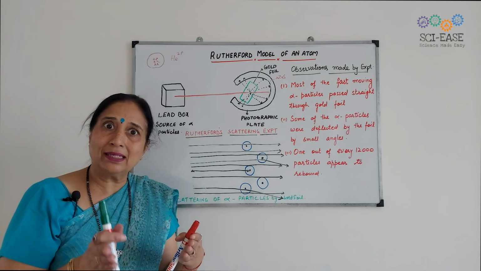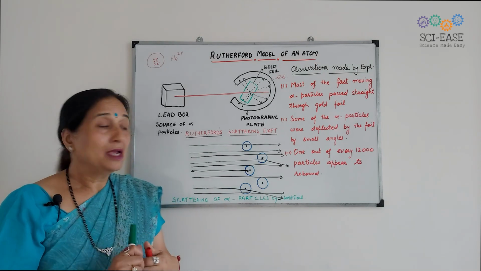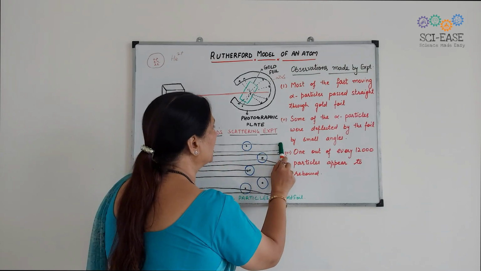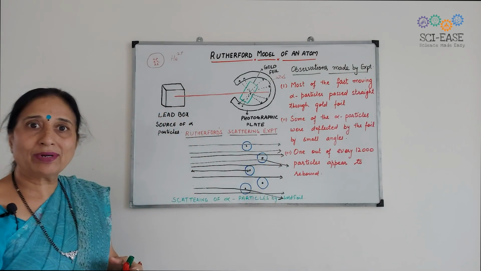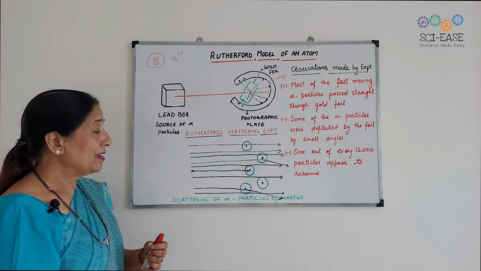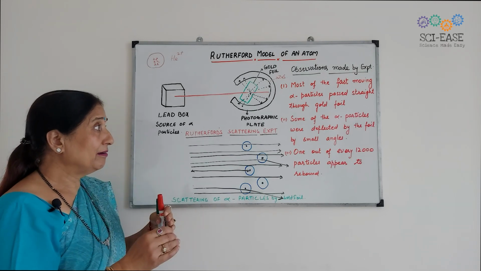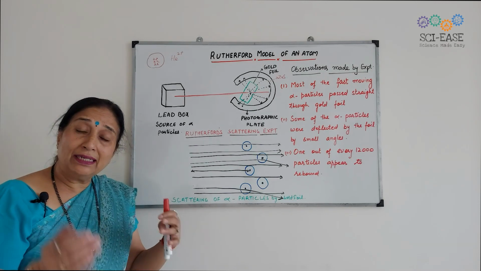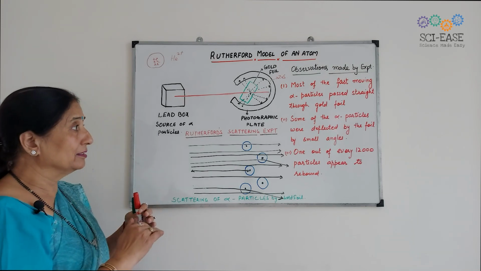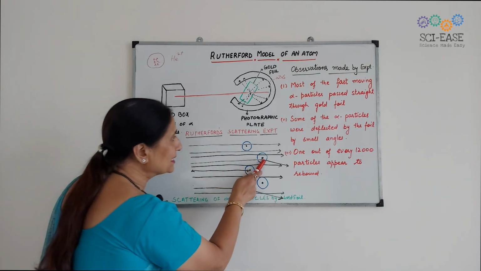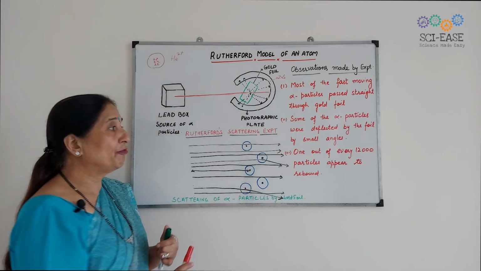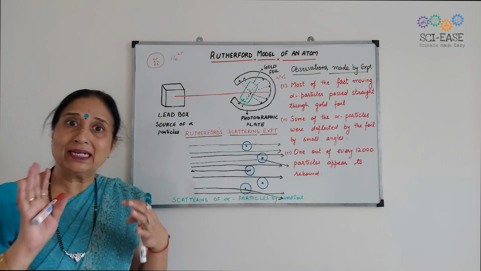He was expecting that there would be some deviation, but there was no deviation and they passed straight. And then he observed that some of the alpha particles were deflected by the foil by small angles.